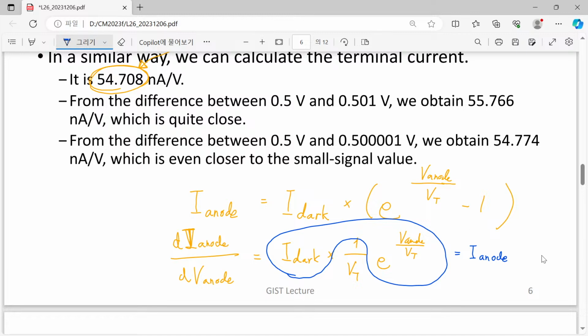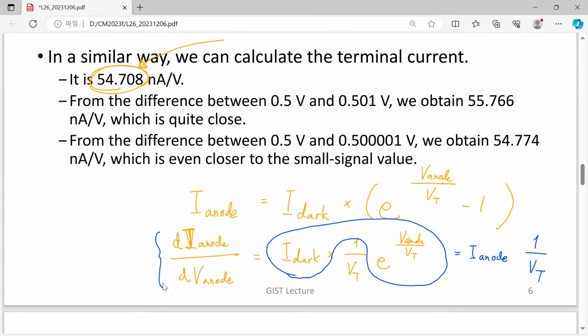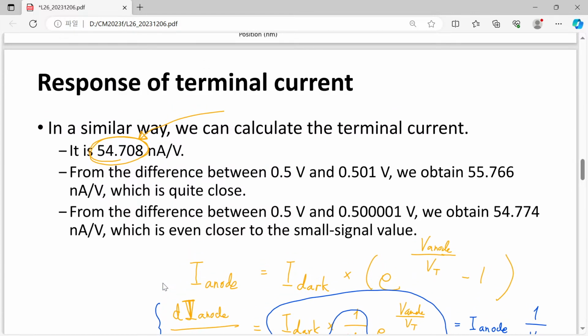So that is simply given by I anode divided by Vt, thermal voltage. That is expected behavior of your dI over dV. Then my question is, we have obtained dI over dV given as this number.